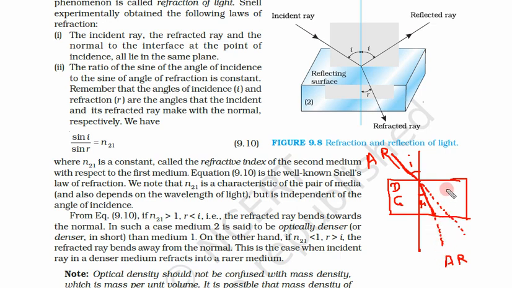Now it was going in this direction. Since this medium is denser, this medium is rarer, again we draw a normal. So in case the light beam is coming from denser to rarer medium, it will move away from the normal.